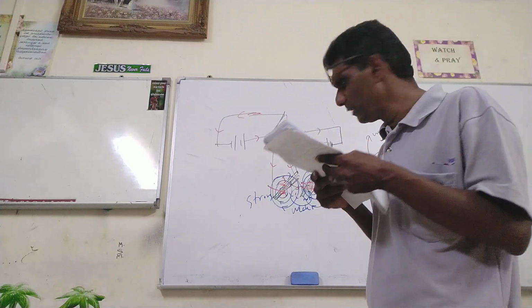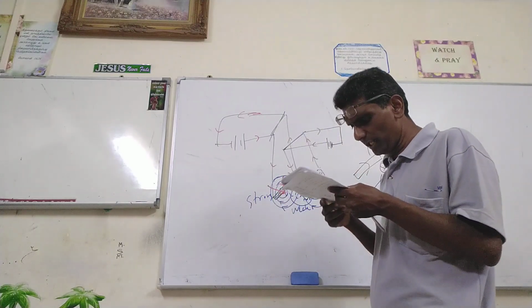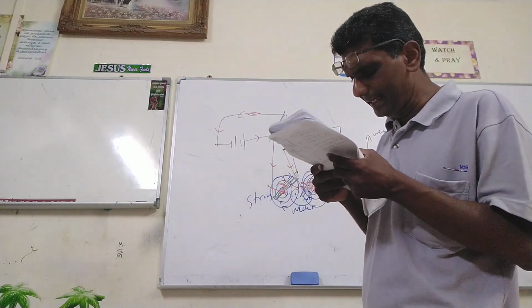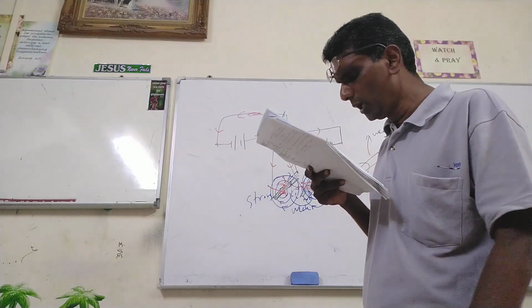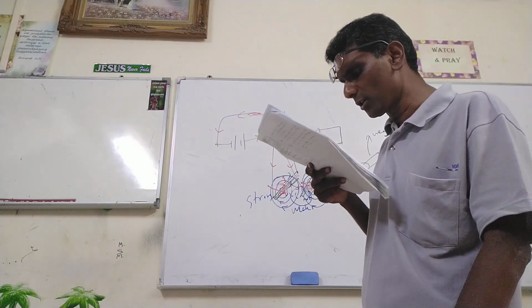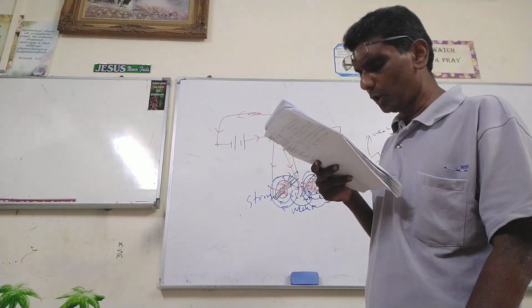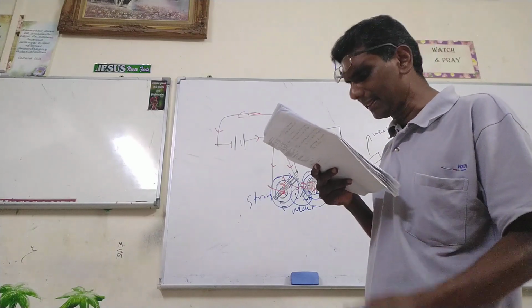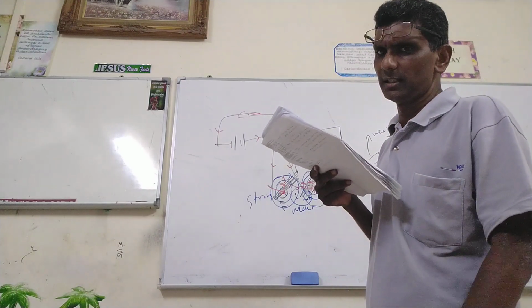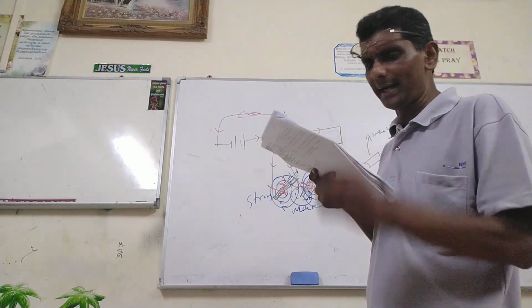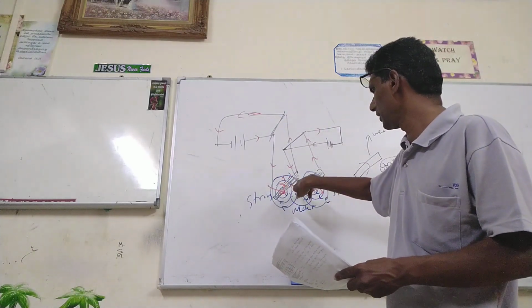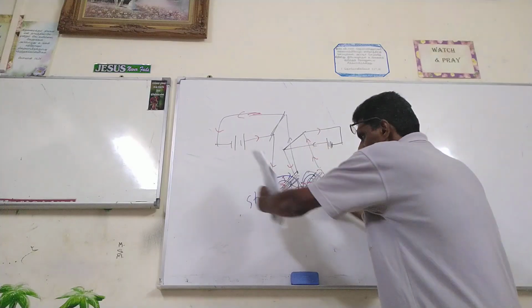The forces are acting in an inward direction to pull the two aluminum rods toward each other, or to attract the aluminum rods to each other. The aluminum rods come together.